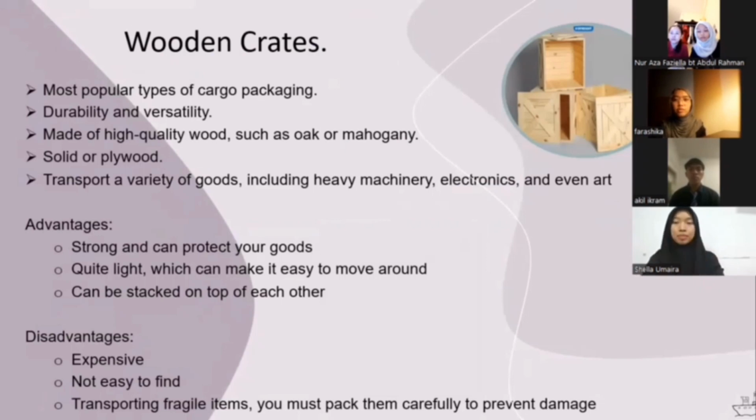The advantages of this packaging material are that it is strong and can protect your goods, and quite light, which makes it easy to move around, and it can be stacked on top of each other. The disadvantages are that it is expensive, not easy to find, and for transporting fragile items, you must handle them carefully to prevent damage.